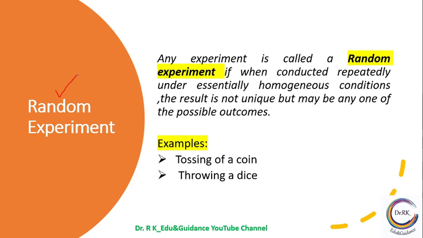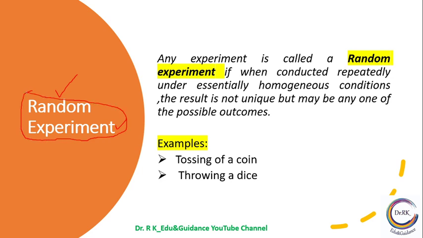So what is this random experiment? We are familiar with the term experiment. Experiment is something which we do in laboratories, in physics lab or chemistry lab. Whatever we do, we call them experiments, right? Here, the term is random experiment.